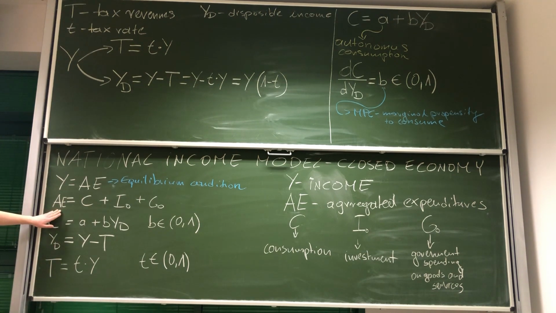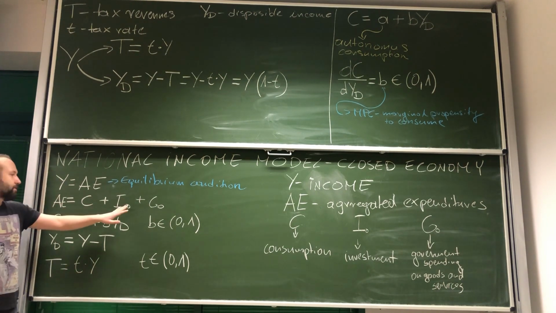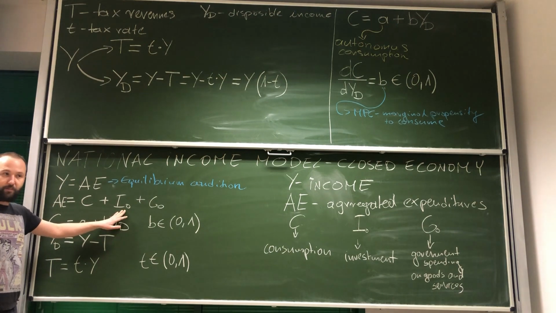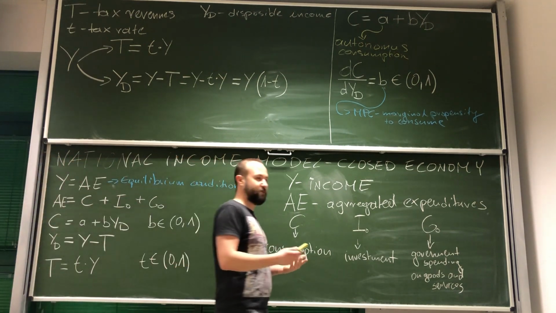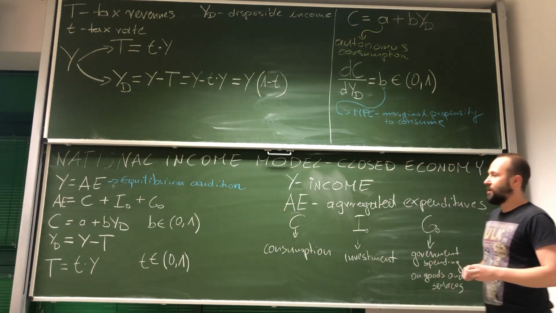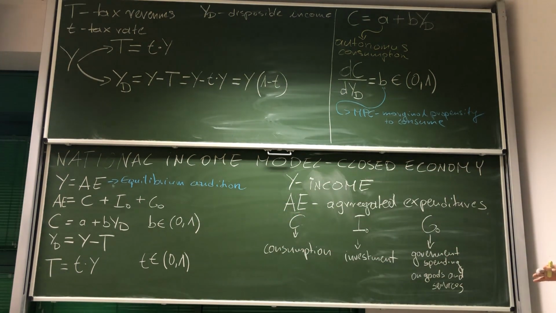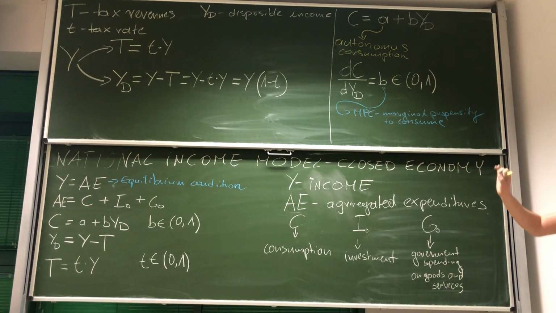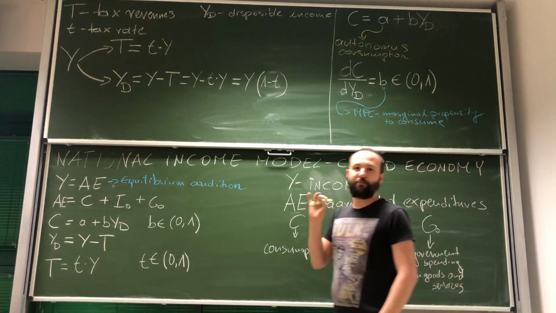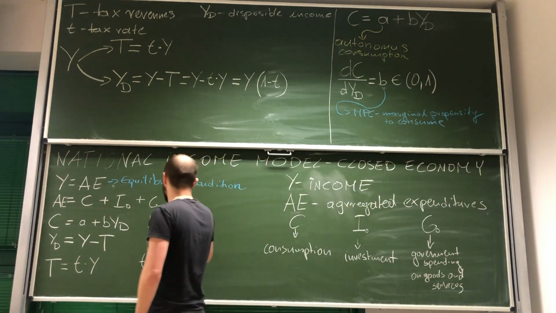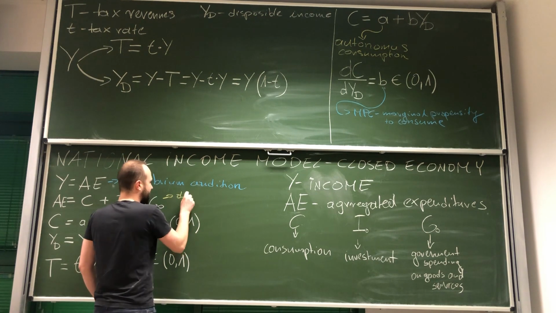Aggregated expenditures are equal to the sum of the expenditures of households, consumption, companies, investment, and government spending. So we defined aggregated expenditures as the sum of the expenditures of different players in the economy. So this is a definitional equation.